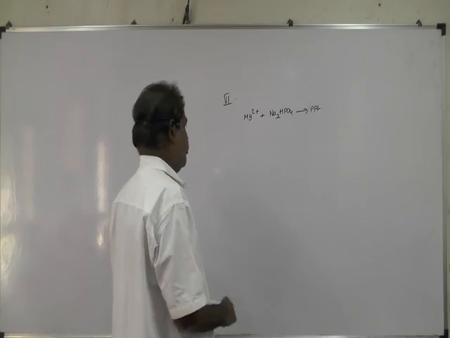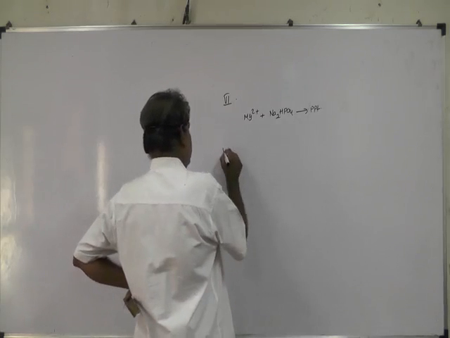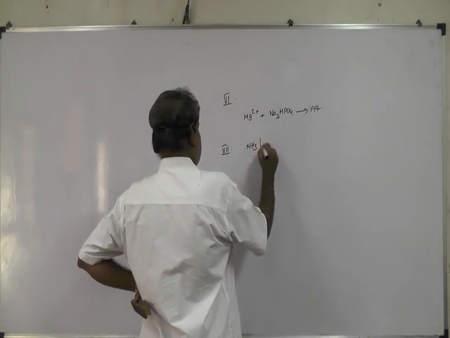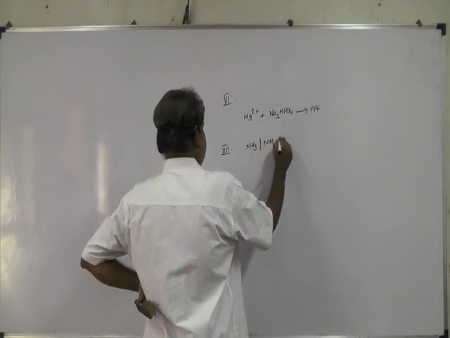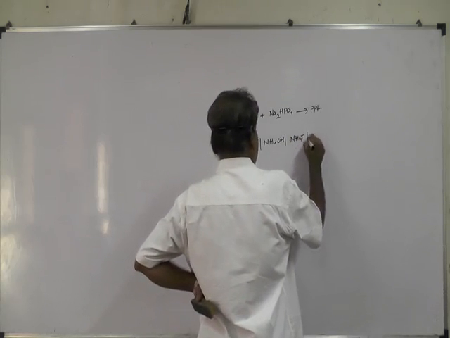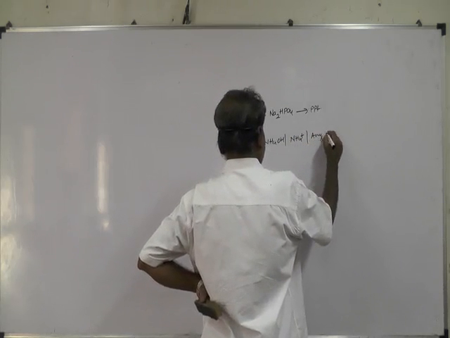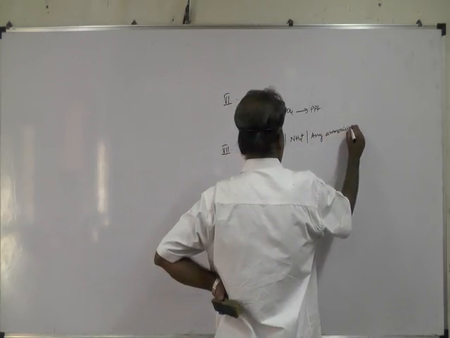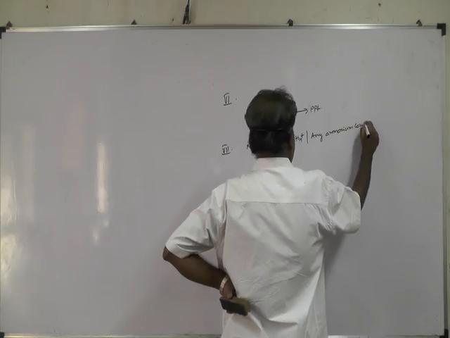Disodium hydrogen phosphate. Group 7, ammonia, ammonium hydroxide, ammonium ion, any ammonium compound. What do you know about any ammonium compound? On heating we get it.